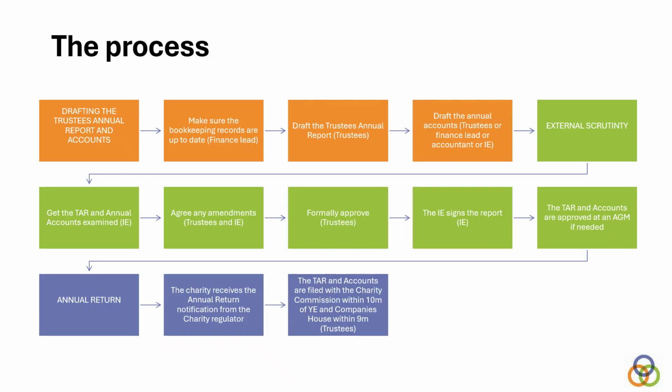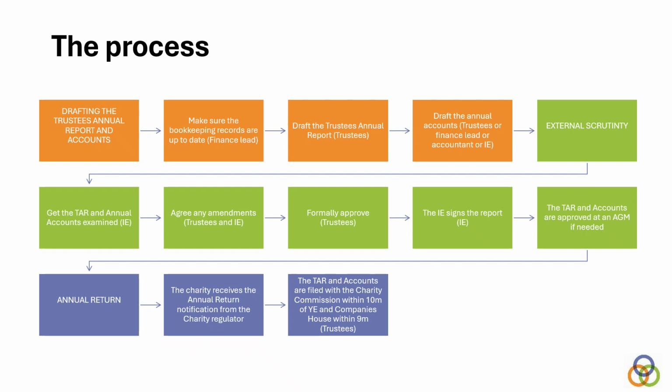The process can get a little bit complicated, it seems. So just to remind you, you draft the annual report, you make sure the bookkeeping records are up to date, you draft the annual accounts, you send them both for external scrutiny to the independent examiner, you agree any adjustments they might suggest, they get formally approved by the trustees.